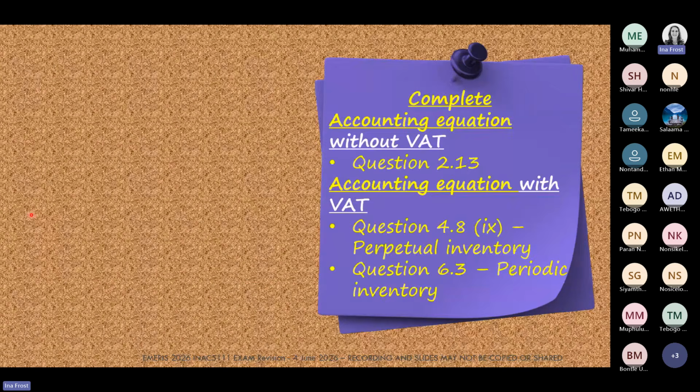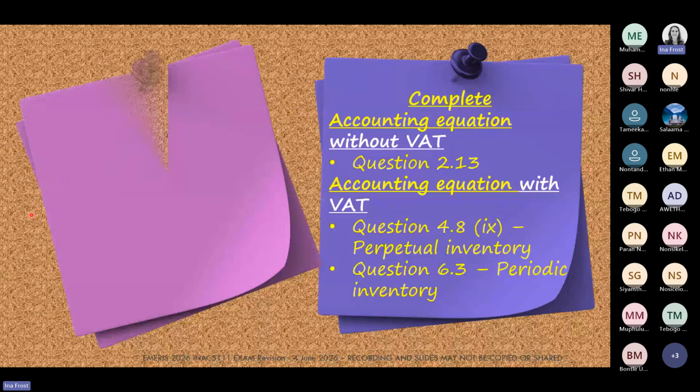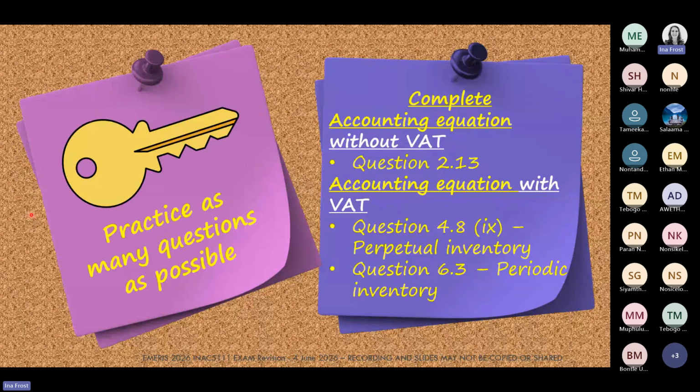Just to remind you again, in this learning unit, they do expect you also to be able to do accounting equation questions. So that's not just something for Learning Unit 2. It also comes out in Learning Units 4 and 5. And remember, when it comes to accounting equation questions, you have to be able to do them without VAT or with VAT. So make sure you are reading carefully in the required.